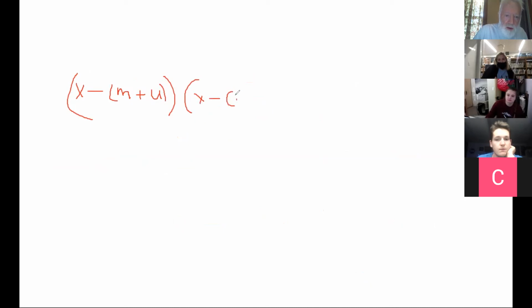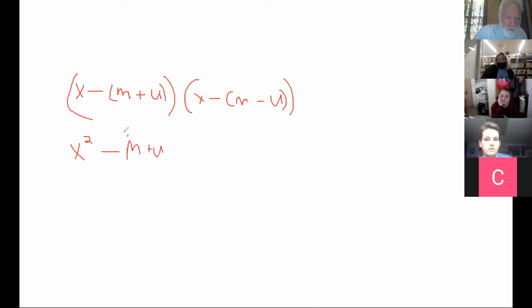This is the way that I think of what they're doing. If you multiply this out, you get x squared minus m plus u quantity x, and then minus m minus u quantity x, plus m minus u, m plus u.